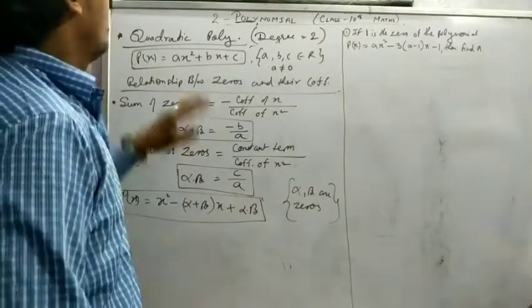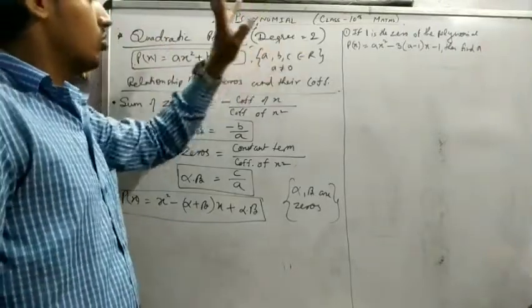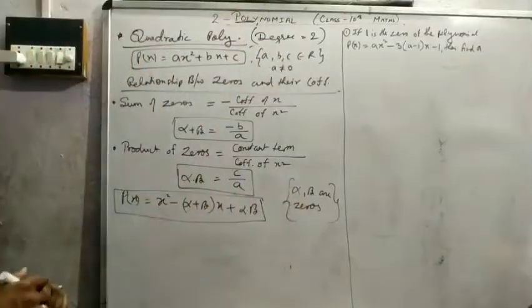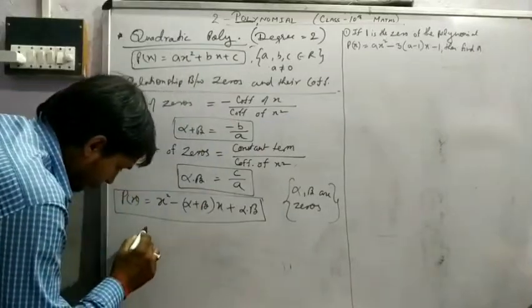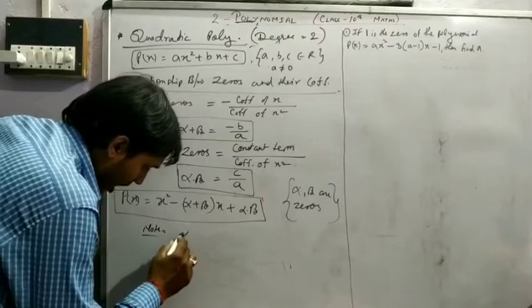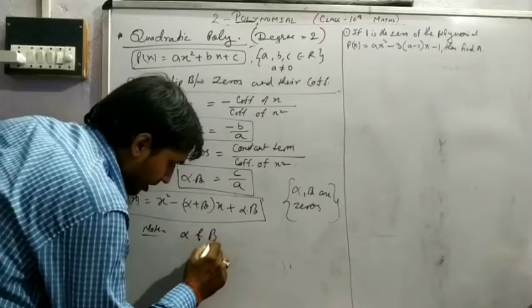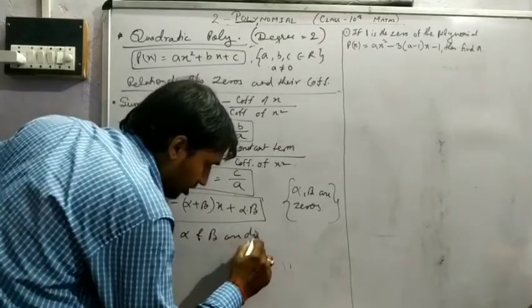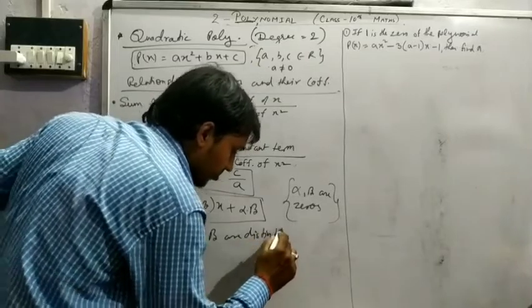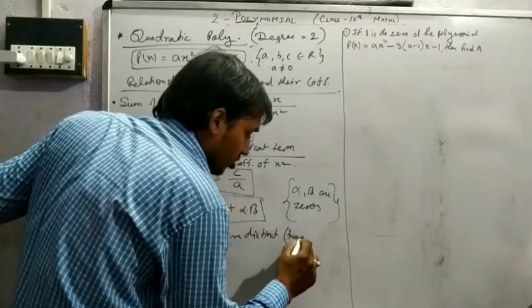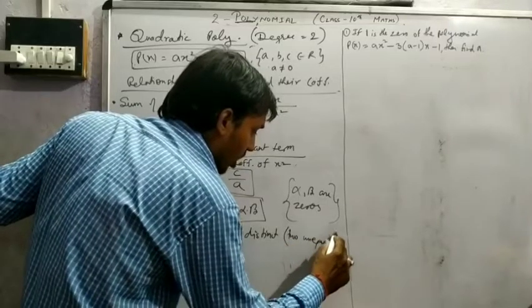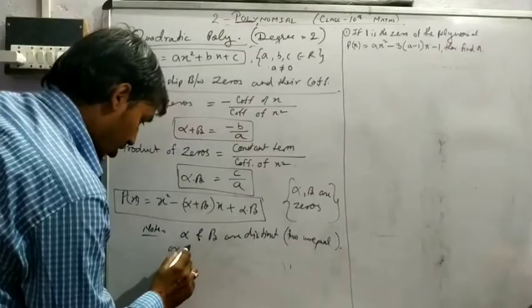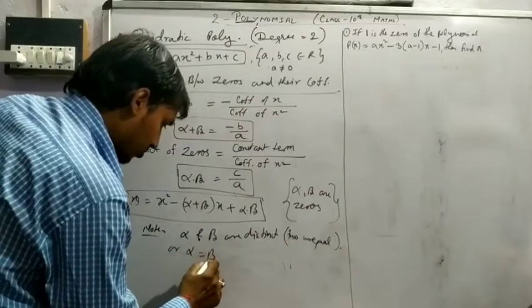You know that a quadratic polynomial has degree 2, so it has two zeros, alpha and beta, and it gives two types of solution. Either alpha and beta are distinct, meaning two unequal roots, or alpha is equal to beta.